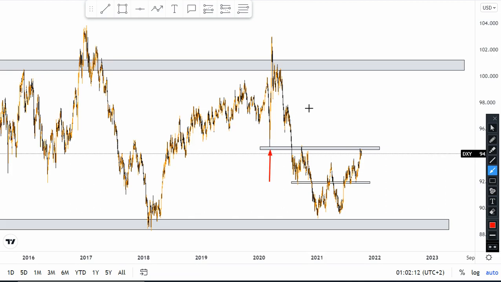So you can notice how I drew these levels. There was a rejection there, there was a rejection there, and another one right there, and currently now we are there. So my assumptions, my predictions would be the probability, the highest probability here is that the dollar index should be dropping. Not that it will drop, I am saying according to my analysis, I would be expecting the dollar index to drop.